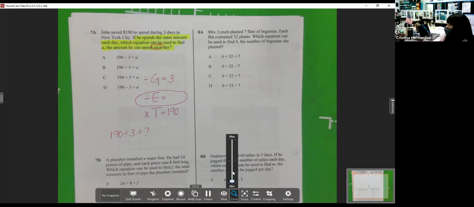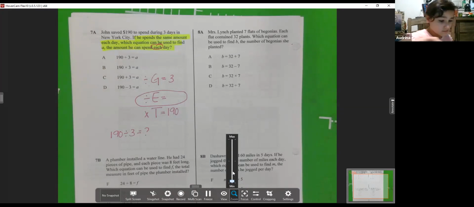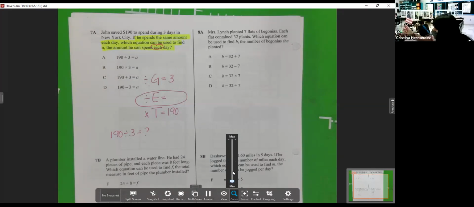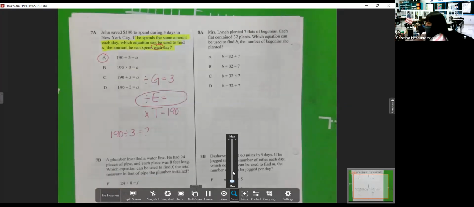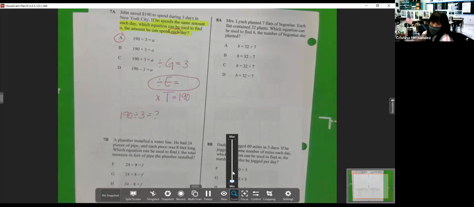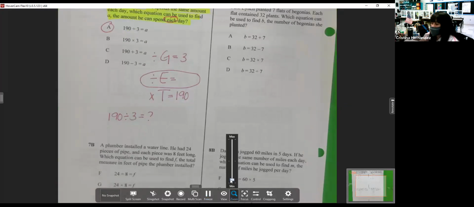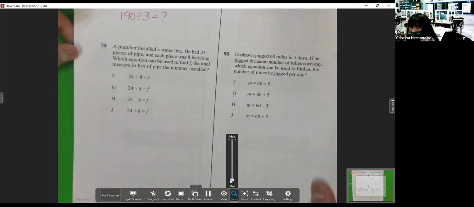We don't have to solve for it, but how did we get our answer? What is our answer? Our answer is A, right? Okay. The next one's a little harder.